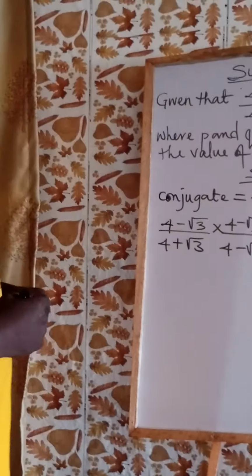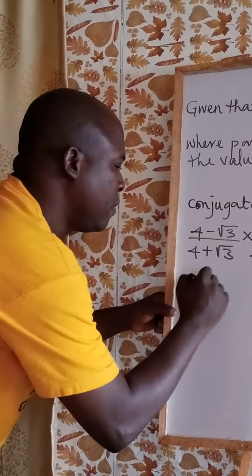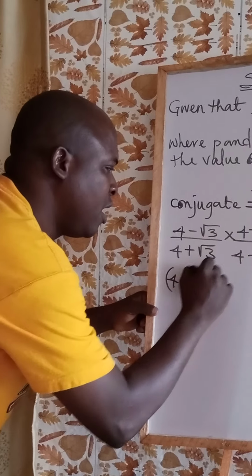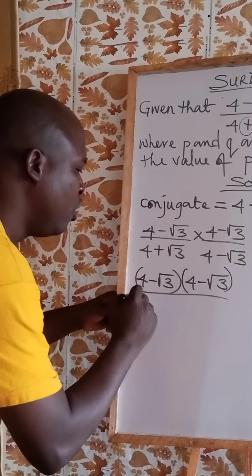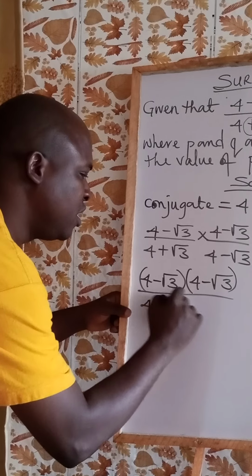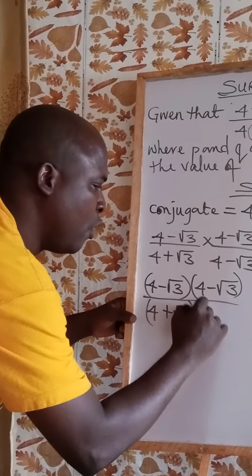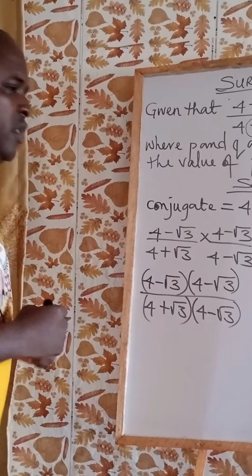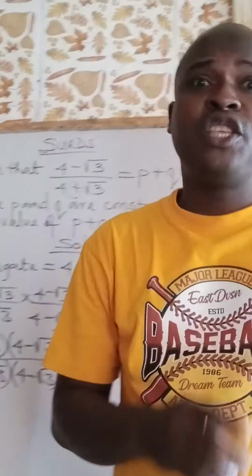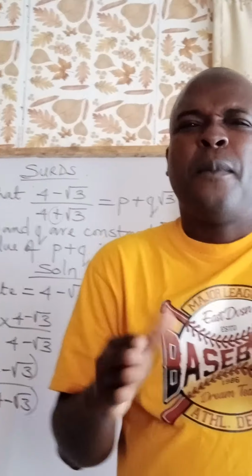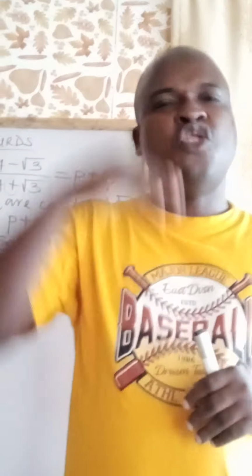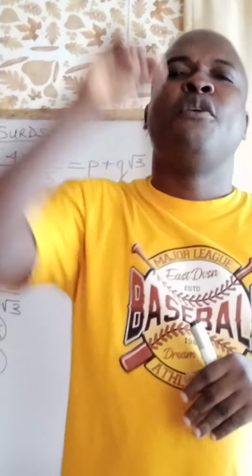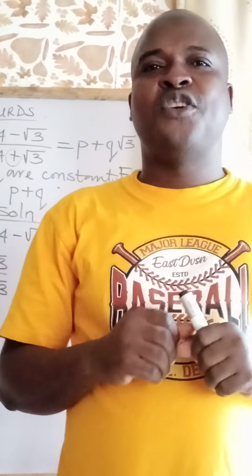If you go further, we are going to have 4 minus root 3 into 4 minus root 3, everything all over 4 plus root 3 into 4 minus root 3. The essence of multiplying both numerator and denominator by the conjugate is to remove all the square root signs in the denominator. The numerator can have a square root sign, but the denominator must not.